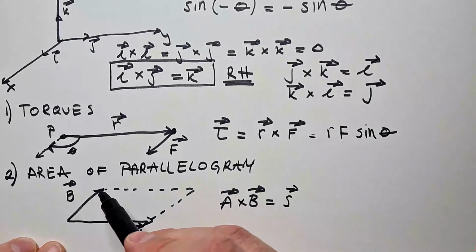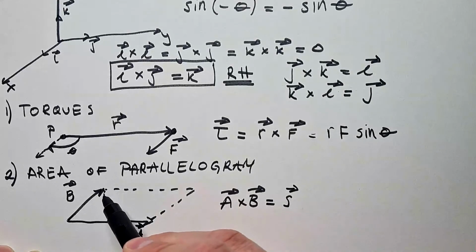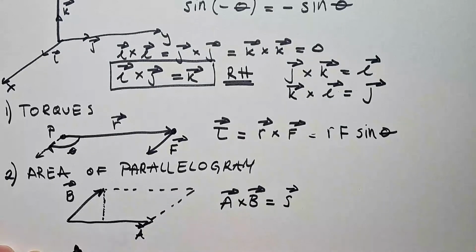Well, let's drop a normal from the head of this vector B to vector A and call this normal h. This is angle theta. What is the direction? Well, this, because I'm crossing A cross B, so I'm measuring from A to B.